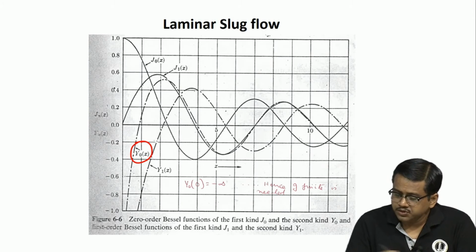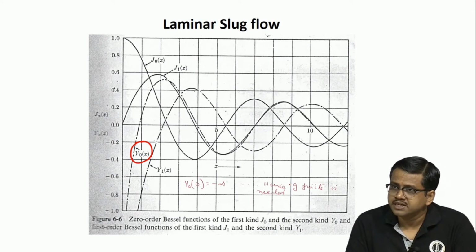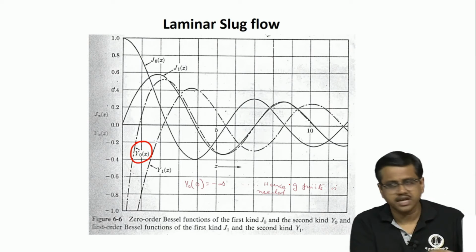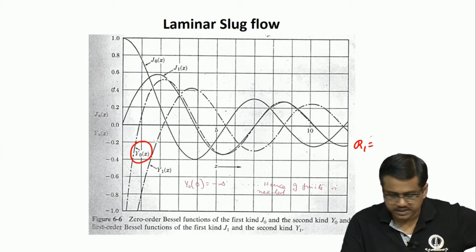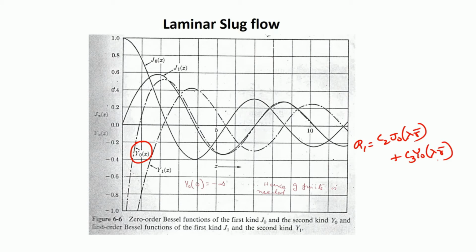What we just did was R1 equal to C2 J naught of lambda r bar plus C3 Y naught of lambda r bar. At r bar equal to 0, this particular term blows up, because it goes to infinity, as you can see over here.